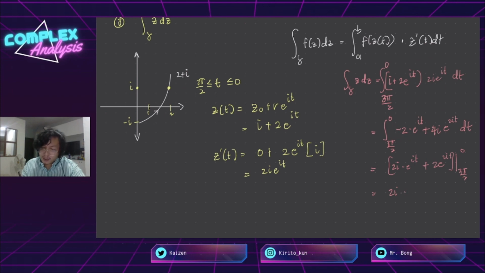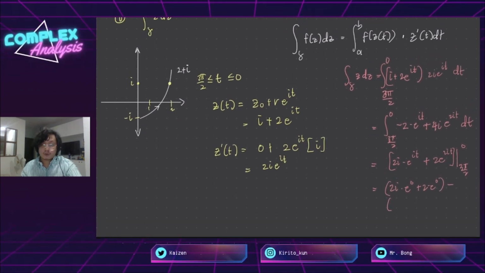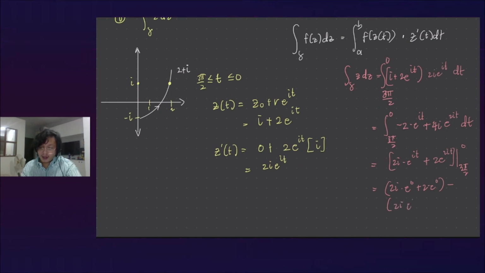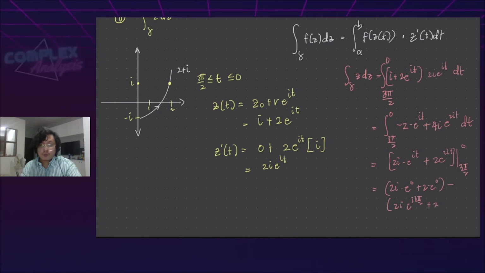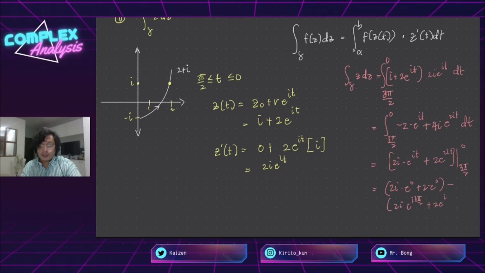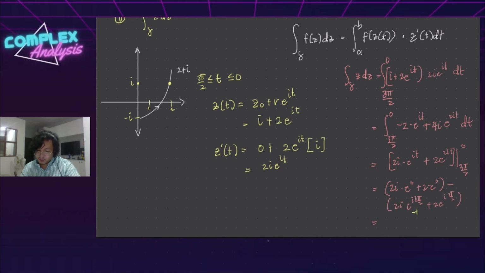2 times e to the power of 0 plus 2 times e to the power of 0, minus we will have 2i e to the power of i 3 pi over 2, plus 2e to the power of i times 3 pi over 2. This one is equal to negative 1, and this one is equal to 1.